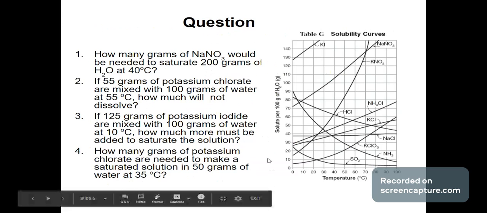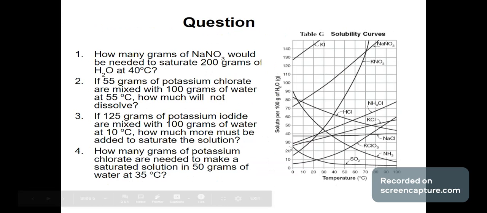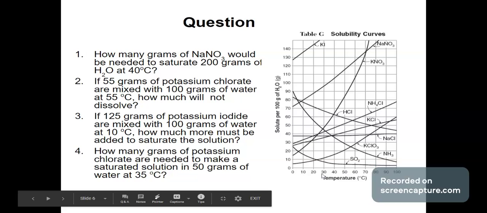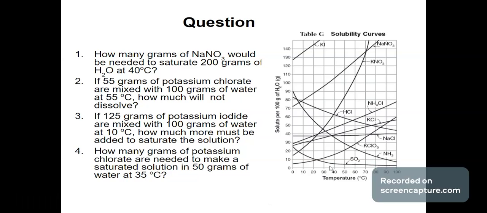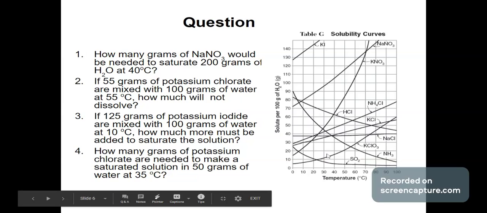Now the fourth one is a little tricky because it's asking us about potassium chlorate, and they want to know how many grams are needed to make a saturated solution in 50 grams of water at 35 degrees. All of these saturation rates and everything else are at 100 grams of water. So let's go to 35 degrees, and let's go to our potassium chlorate.